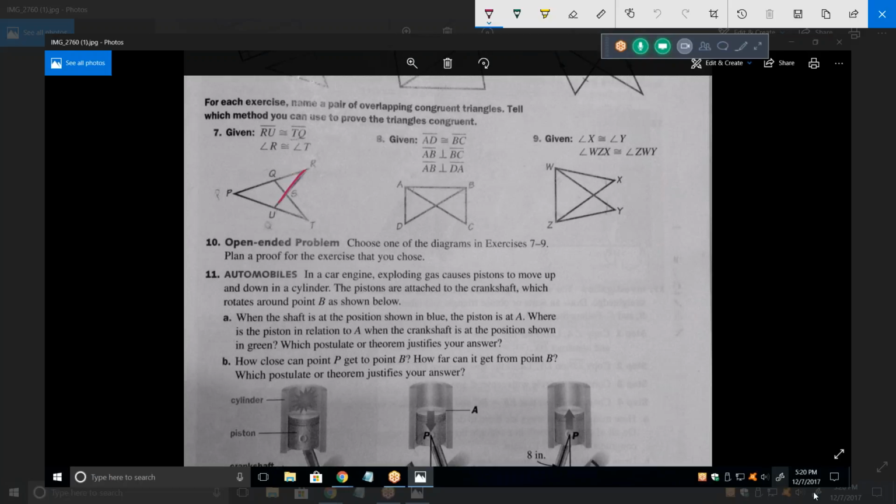RU is congruent to QT, and angle R is congruent to angle T. So name a pair of overlapping congruent triangles.